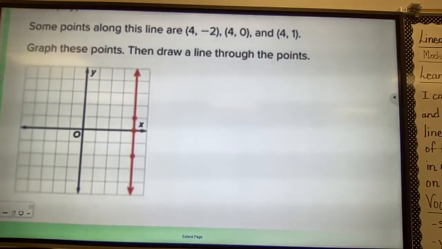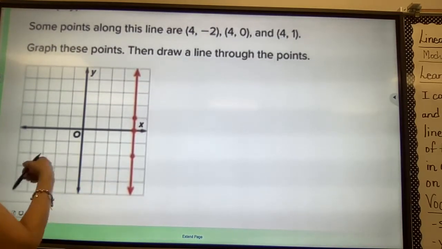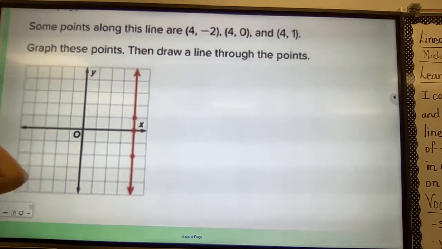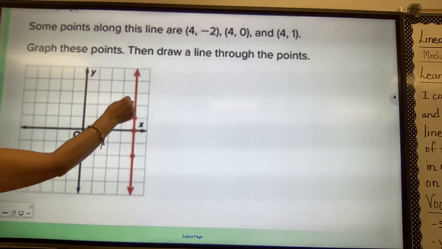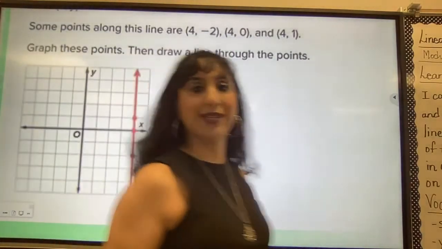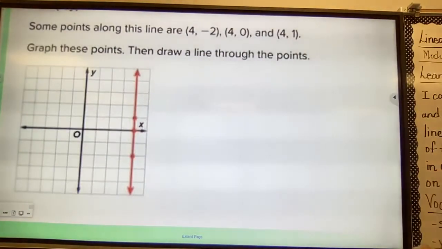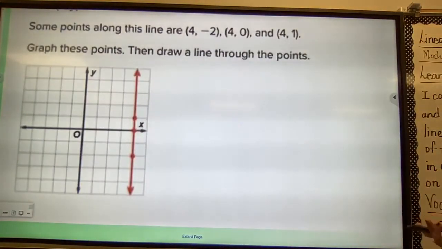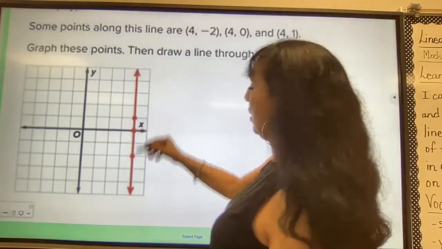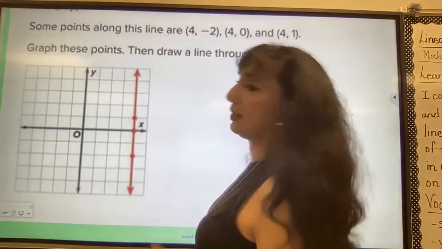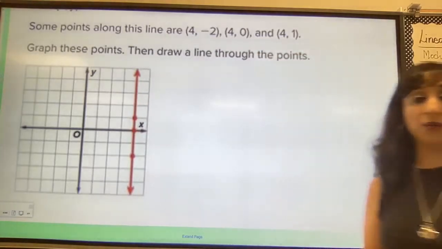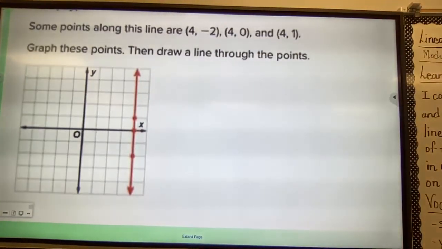That's the ordered pair. So look, it doesn't matter what y is, x is always going to be 4. So this is how you draw the line. You can graph any 2 points or 3 points or whatever number of points, but it will always be like this on that same line. Okay, x will be always 4.